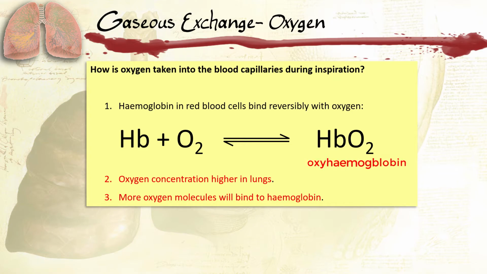So this is what happened to the oxygen molecules. It dissolved in the thin layer of mucosa and diffused across the wall of the alveoli as well as the blood capillary. Then it will diffuse into the red blood cell and bind to hemoglobin. And when the red blood cell reaches a region of poor oxygen concentration, the oxygen will dissociate from the hemoglobin.